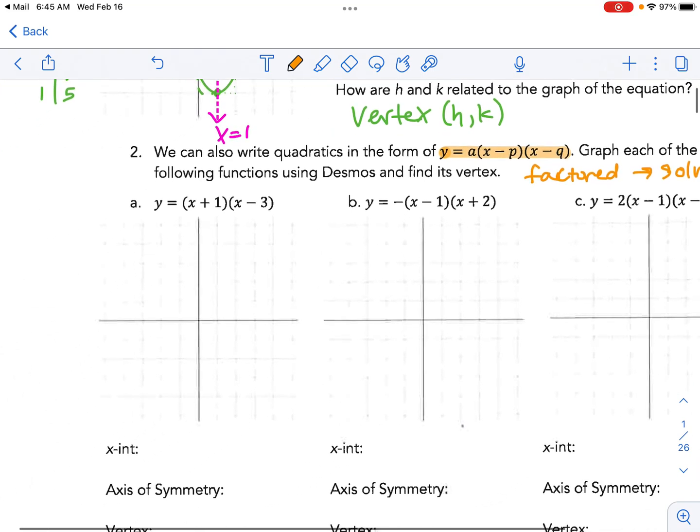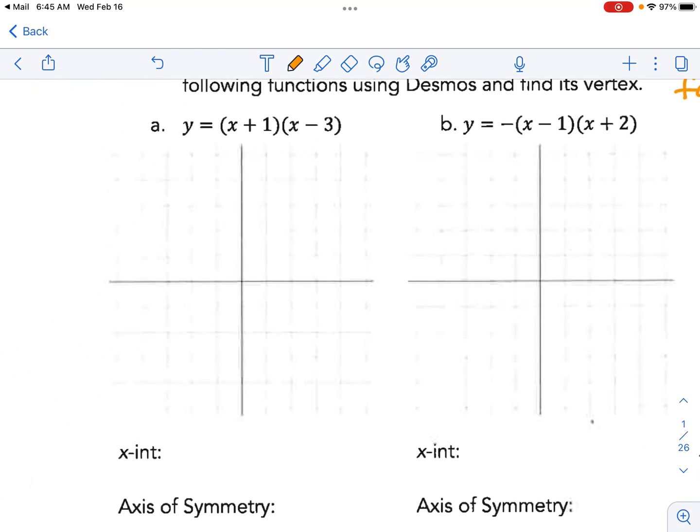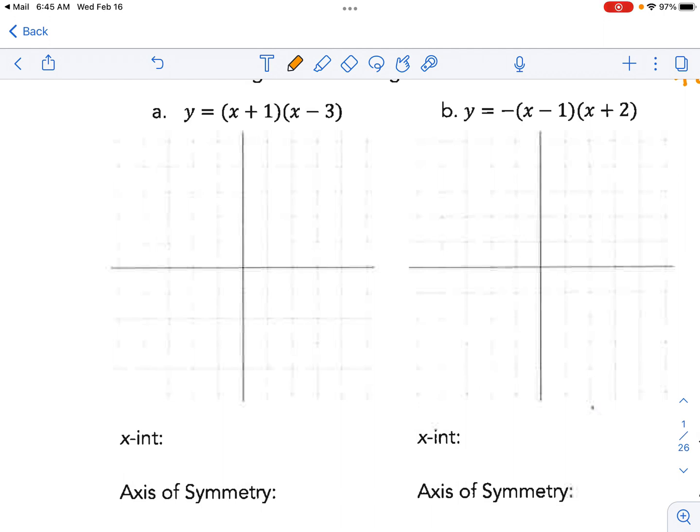So when we take a look at this first one, for our x-intercepts, let's let x plus 1 equal 0, and that's x equals -1. And let's let x minus 3 equal 0, and that is x equals 3. So those are our x-intercepts. So at -1, it crosses the x-axis, and at 3, the quadratic crosses the x-axis.